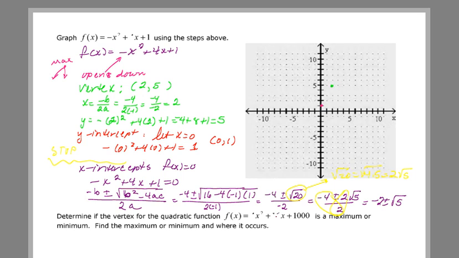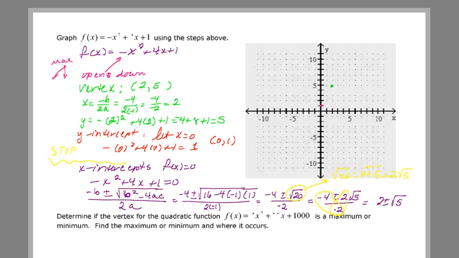This would be a negative 2 down here. Sorry about that. Negative 4 divided by negative 2 is a positive 2. You may have caught that before I did, but I caught it when I realized what type of values I was going to be obtaining on my calculator. So sorry, it's not negative 2 plus or minus the square root of 5. That denominator should have been a negative 2, so it's 2 plus or minus the square root of 5.